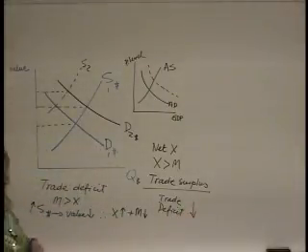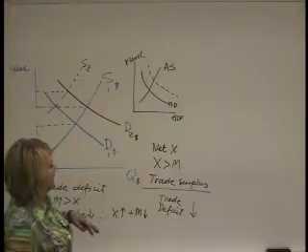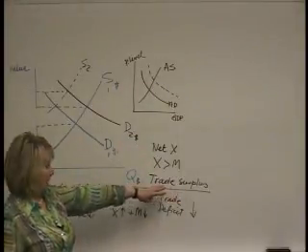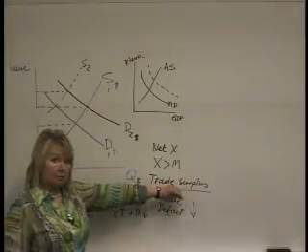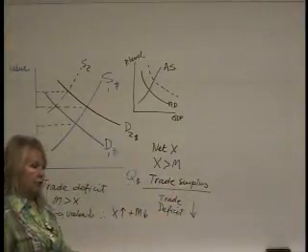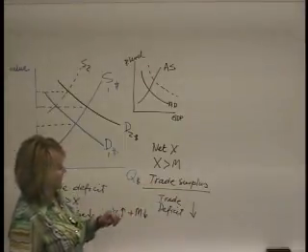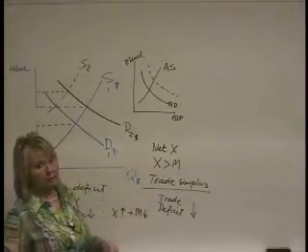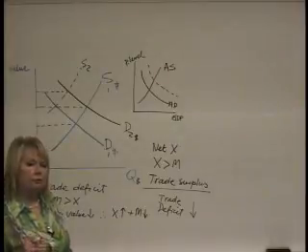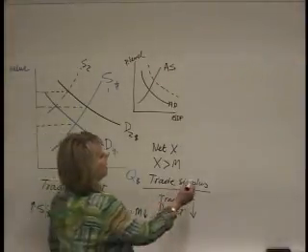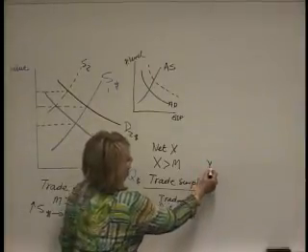Just for extra training here, if we had a trade surplus, China has a trade surplus. This is the manufacturer of the world. And so as they have larger exports than they have imports, what should be happening to the value of their currency? The value of their currency should be going up, the yuan.